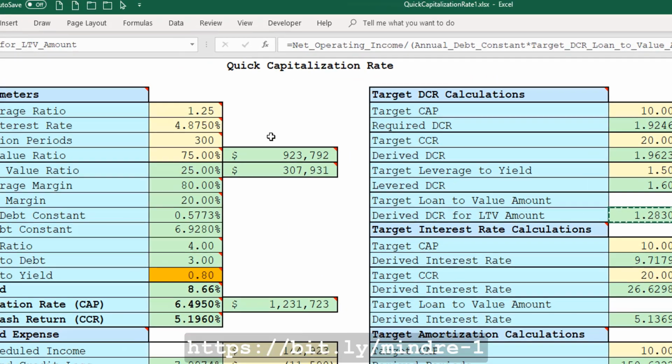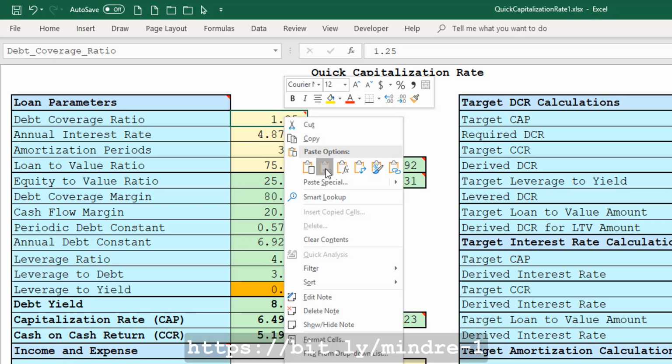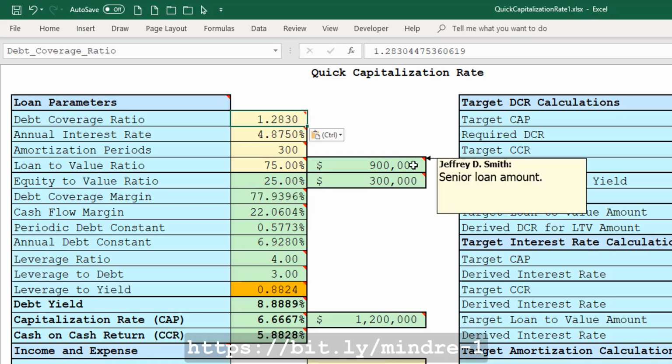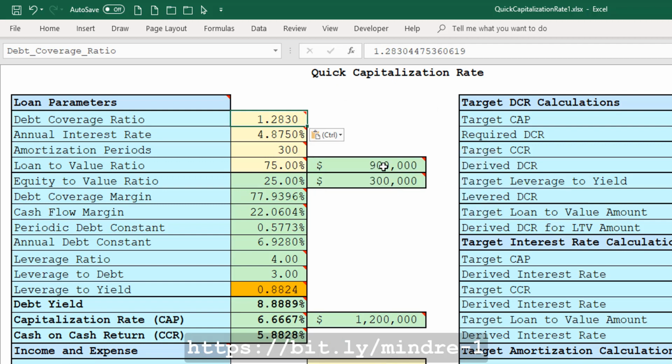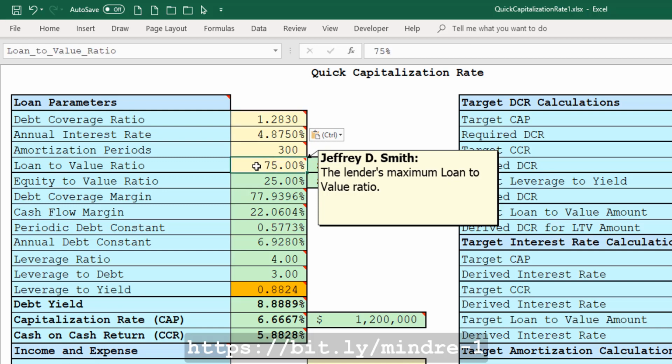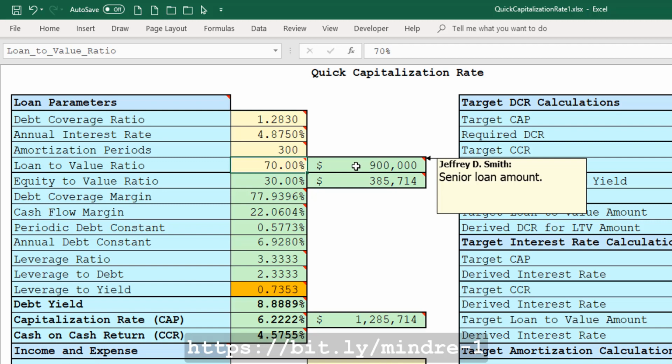Control C to copy, plug in, and there's 900,000 at 75% loan to value. Now watch what happens when we change the loan to value ratio. Let's change it to 70%. Loan to value is still 900,000.